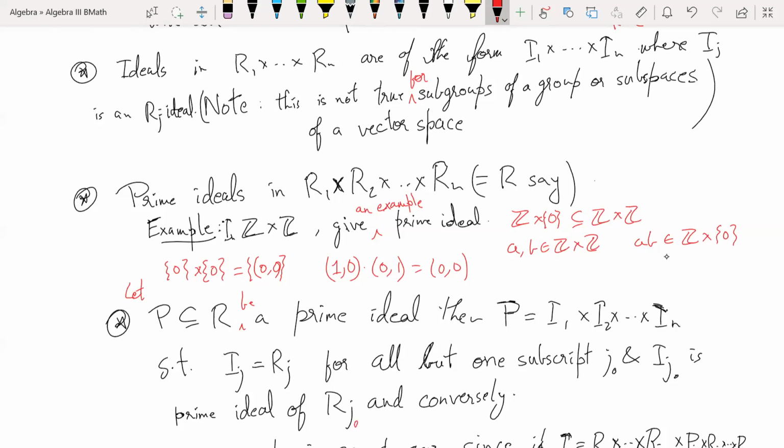Whereas if you go mod Z cross 0 in Z cross Z, what you get is Z, which is an integral domain. As soon as a ring has two non-trivial ring factors, it can't be an integral domain because of this phenomenon, (1, 0) and (0, 1). So that's why you need most of these factors to be the full ring.